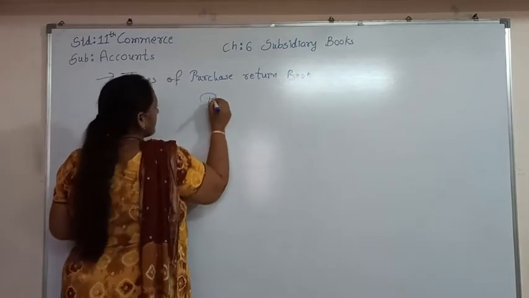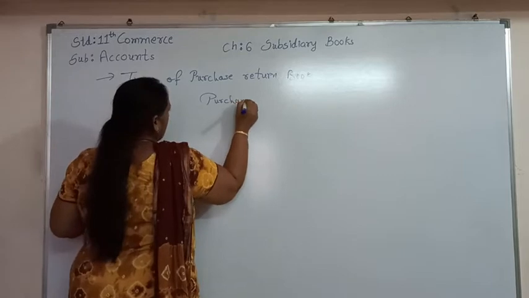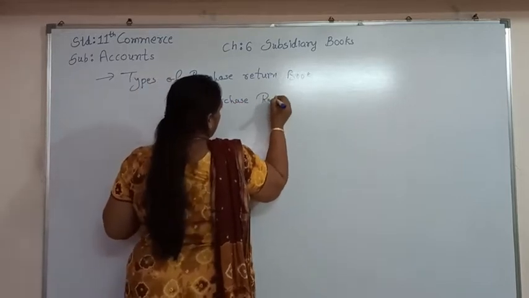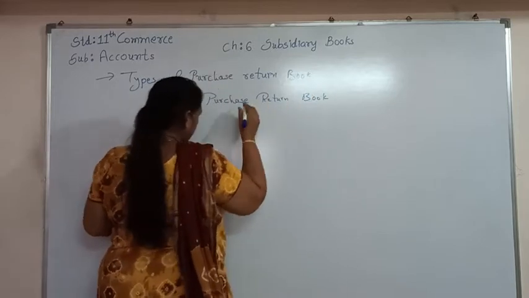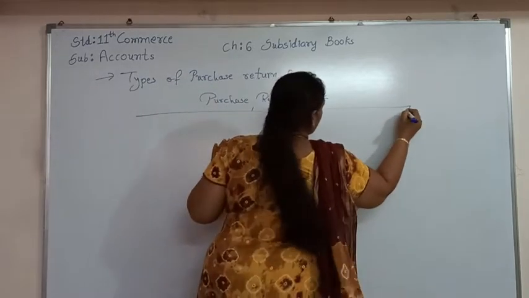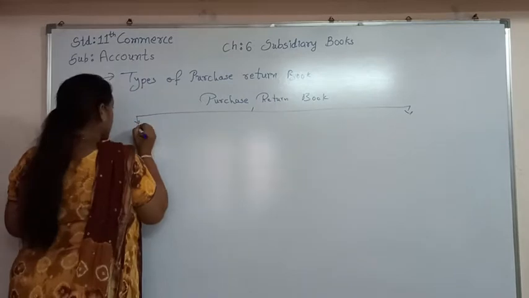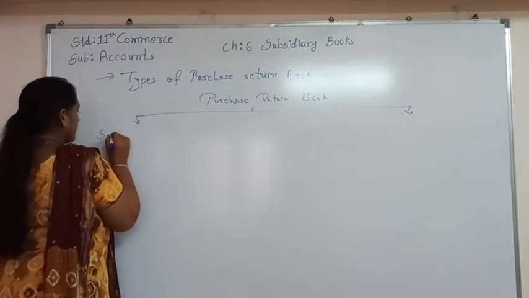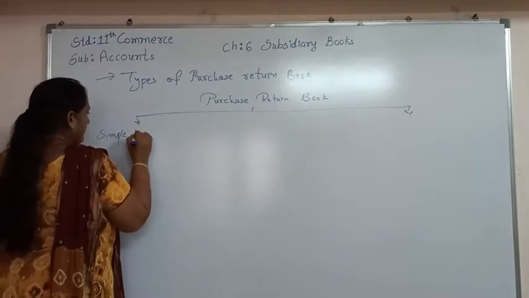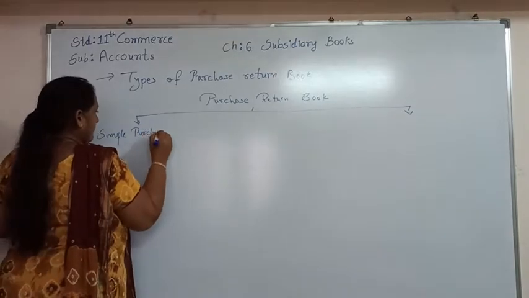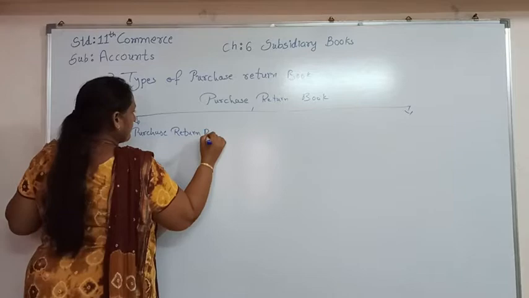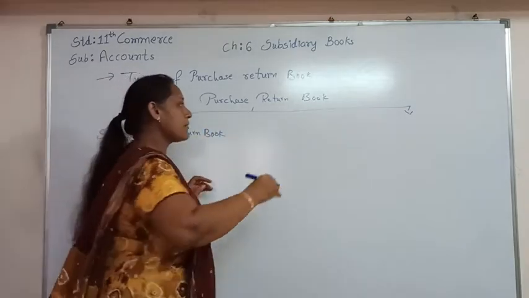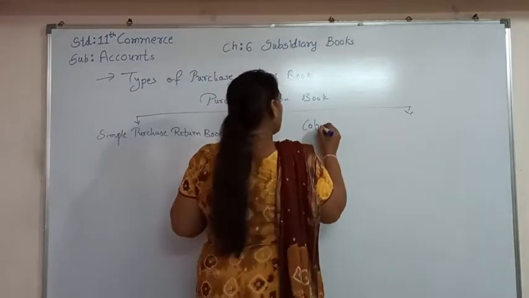So the purchase return book is mainly divided into two categories, that is simple purchase return book and columnar purchase return book.